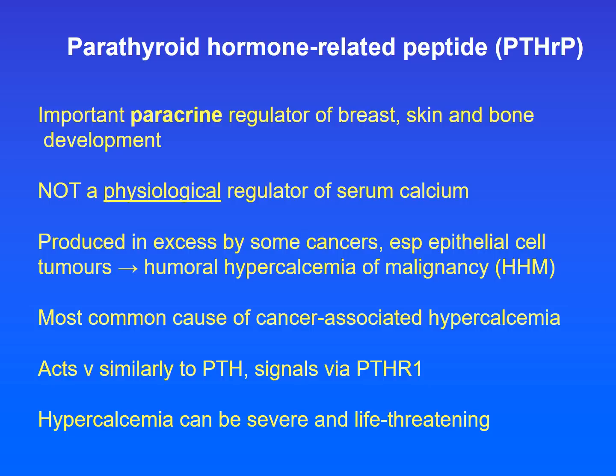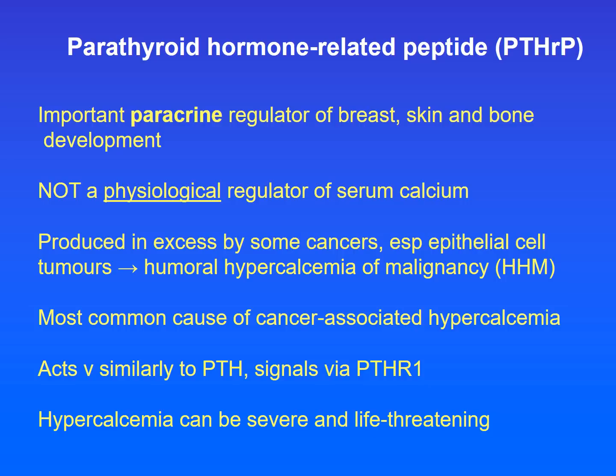Where it does become important in calcium physiology is in states of pathophysiology, when it's produced in excess by some cancers, especially epithelial cell cancers, but actually an enormous range of cancers have been described as overproducing this hormone. When it does get into the circulation in sufficiently high quantities, it's able to mimic the actions of parathyroid hormone, because it has structural homology with parathyroid hormone.